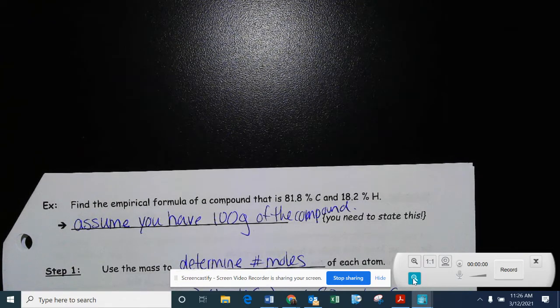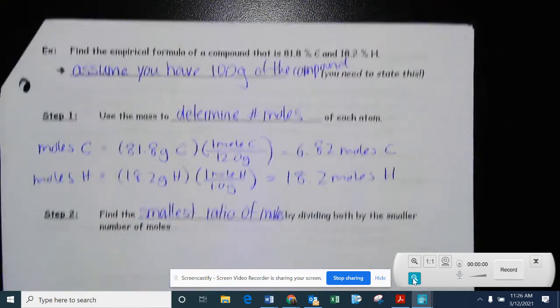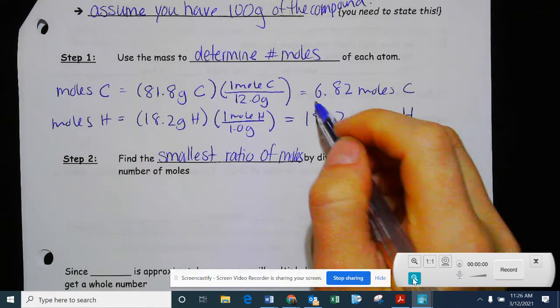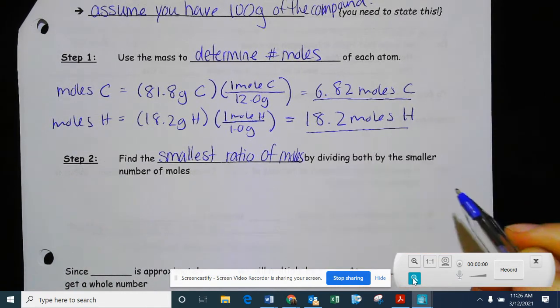Does everybody have a number of moles for step 1? I'll give you another minute. Okay, so for step 1, did we get 6.82 moles of carbon and 18.2 moles of hydrogen?